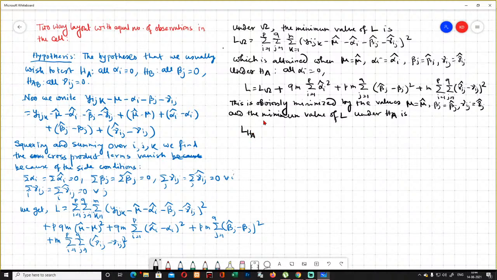HA, because consider under HA intersection omega, that is our model, which is equal to L omega plus this term Qm sum over i from 1 to p alpha i hat square.